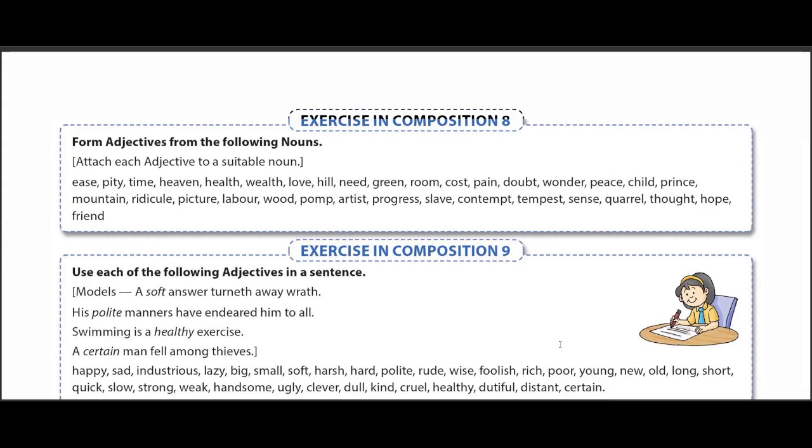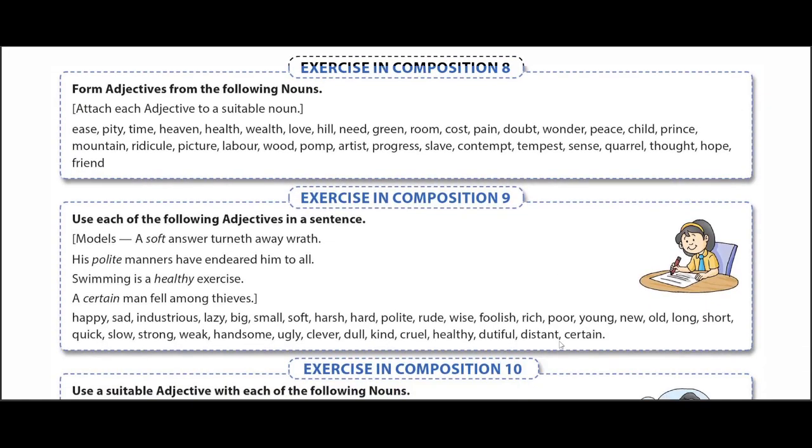And now exercise in composition 8. Form adjectives from the following nouns. First, nouns have been given and we are supposed to form adjectives. We have already learned that adjectives can be formed from nouns.